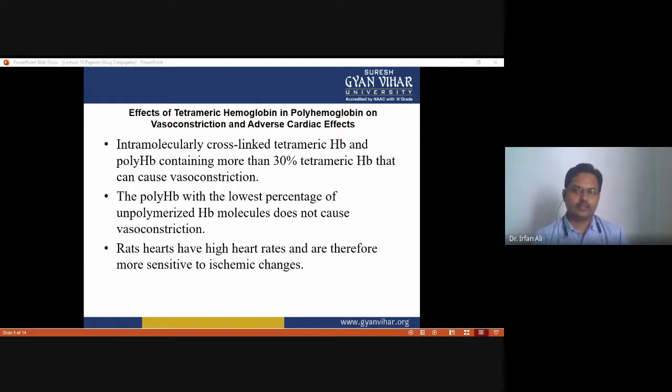These include intramolecularly cross-linked tetrameric hemoglobin and polyhemoglobin containing more than 30% tetrameric hemoglobin, which can cause vasoconstriction.